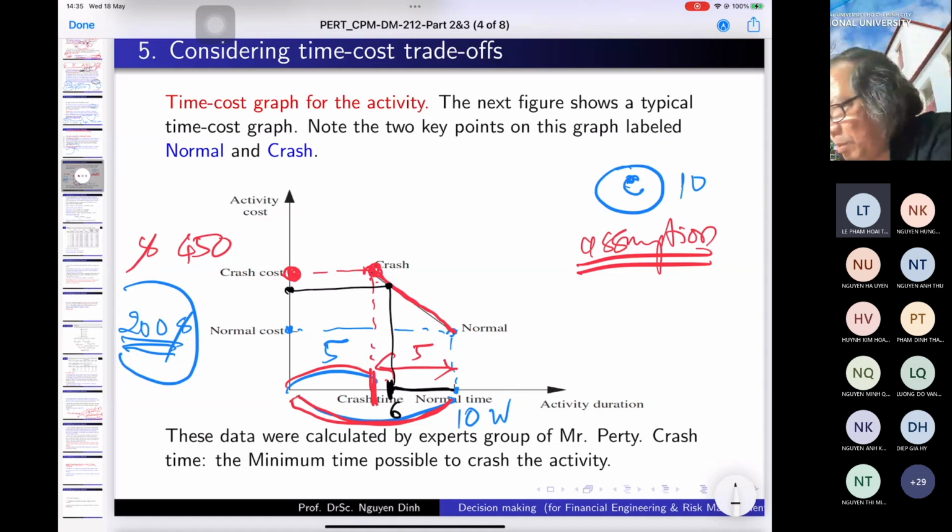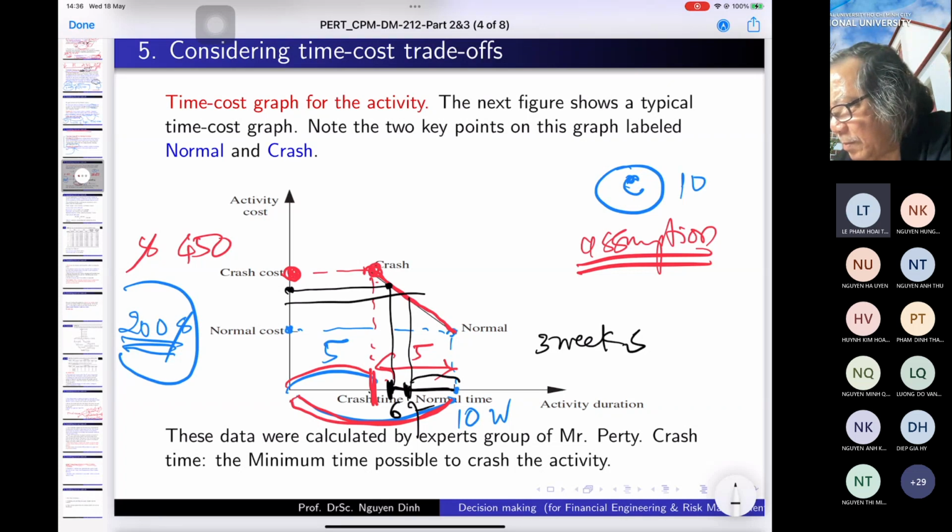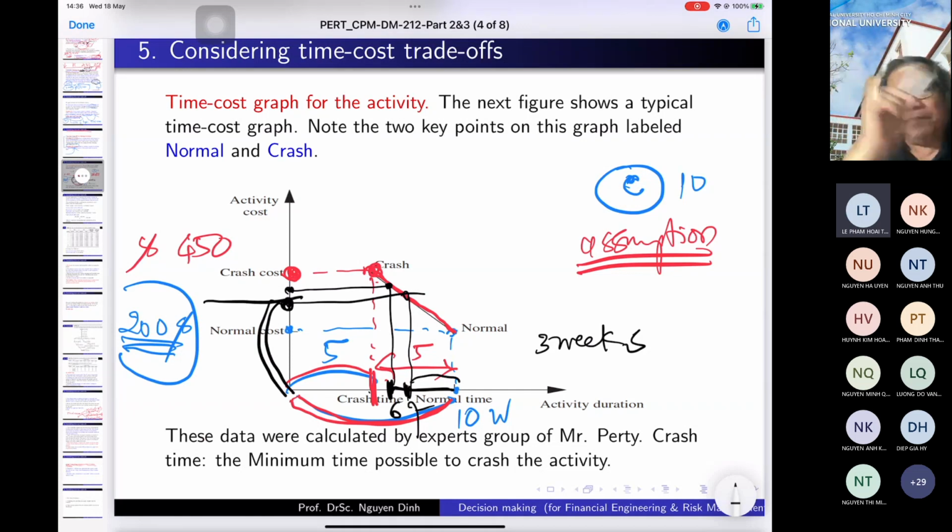If I want to reduce just to 7, that means I just want to reduce 3 weeks, and then the cost I have to pay is here, not 400.